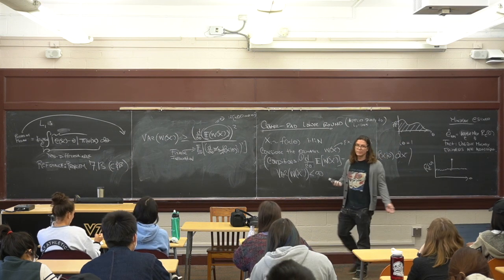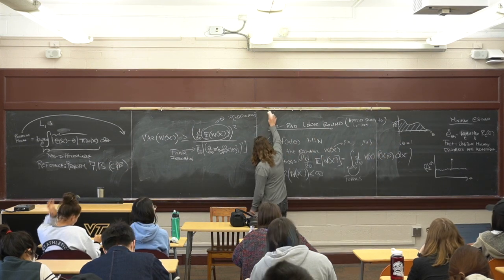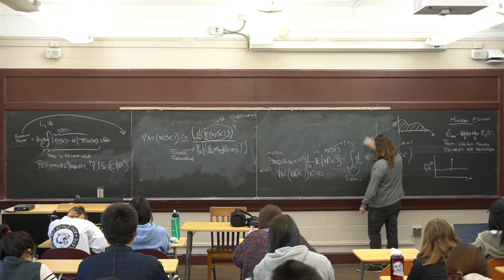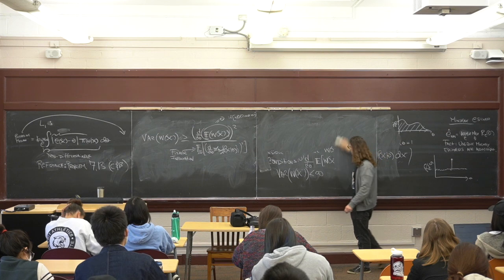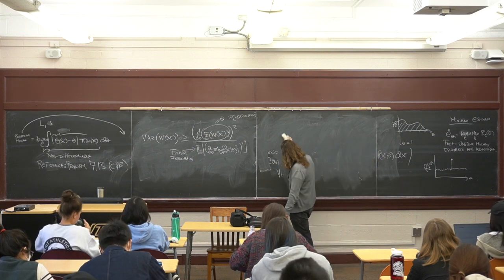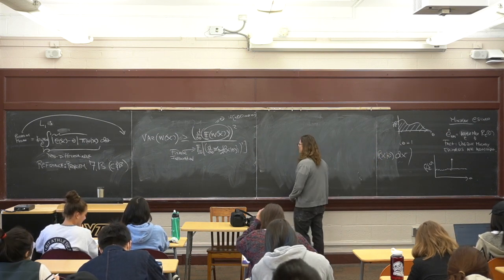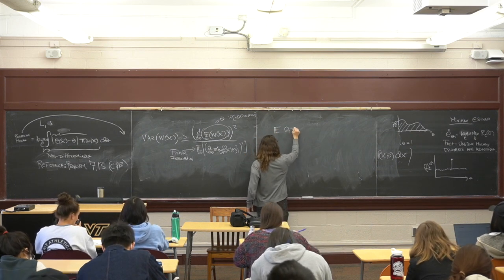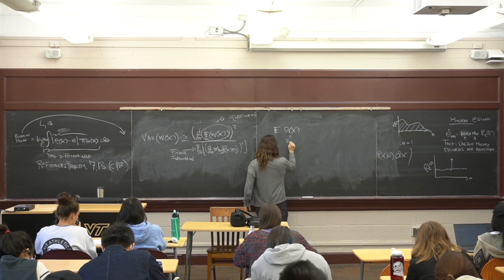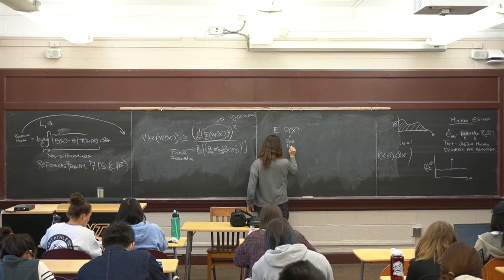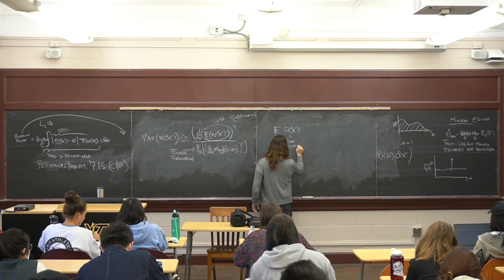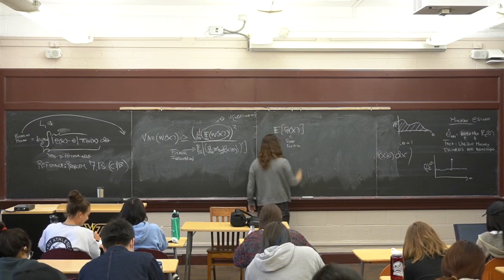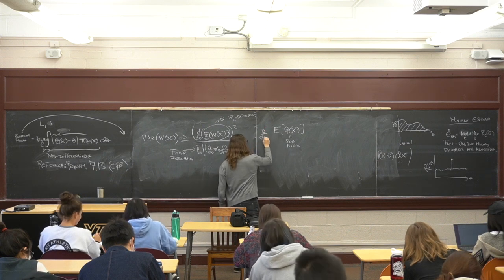Let's prove this, or at least start a proof. I'm going to fill in probably the part of this that most people get confused about. So I want to look at some estimator, or I'm going to say just some function g(x), expected value of this thing, and I'm going to take a derivative over it.